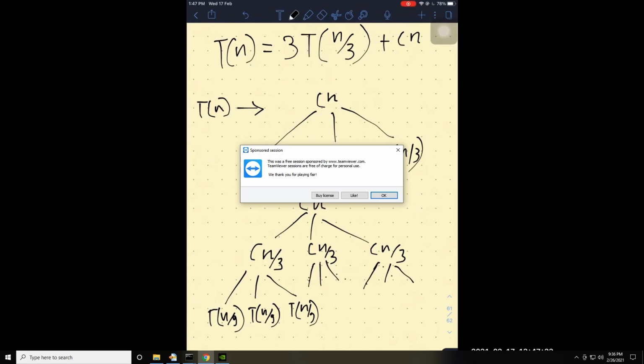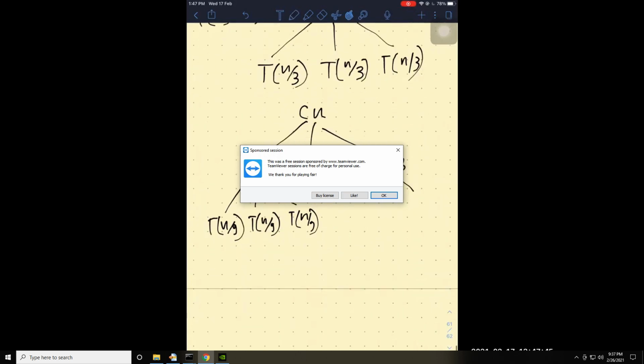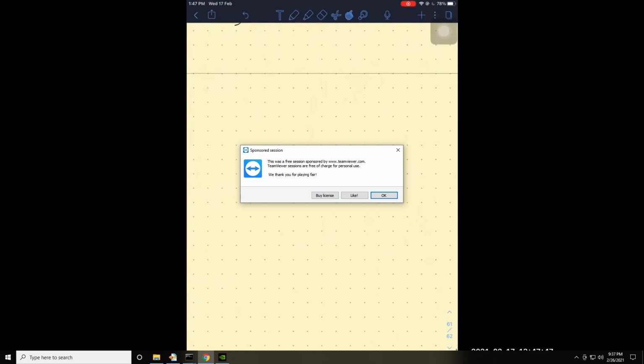Okay. So after that, if we construct the entire tree, we will get something like that.